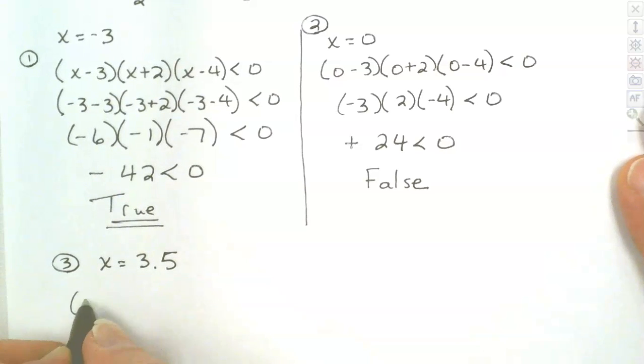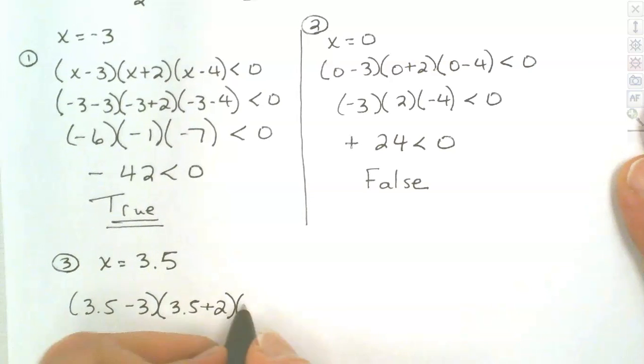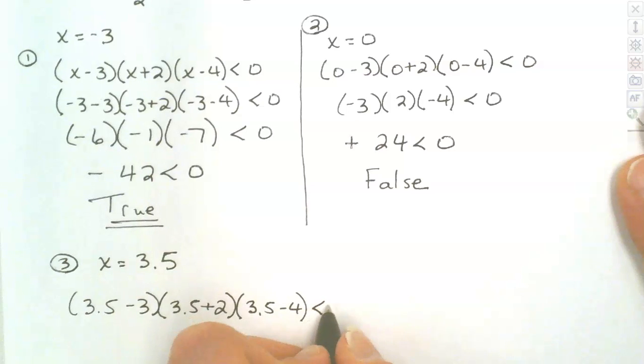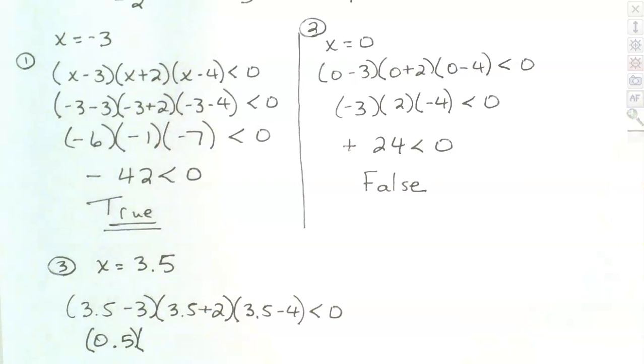So we have 3.5 minus 3, 3.5 plus 2, and 3.5 minus 4. So 3.5 minus 3, that's a 0.5. 3.5 plus 2, that should be a 5.5.